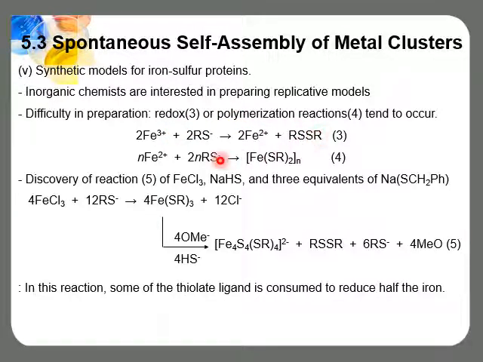It may seem very simple to prepare an iron-sulfur cluster by just mixing iron and sulfur. But if we react ferric iron with thiolates, the ferric will be readily reduced to ferrous, and there will come a disulfide bond. It means that there is no direct bond between sulfur and iron easily.